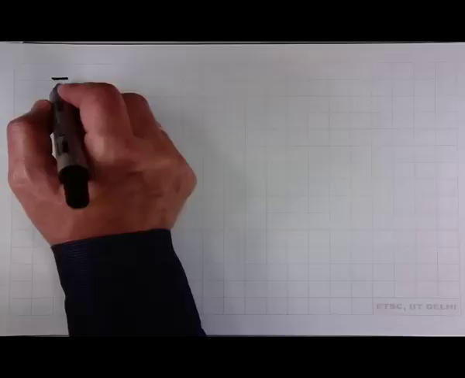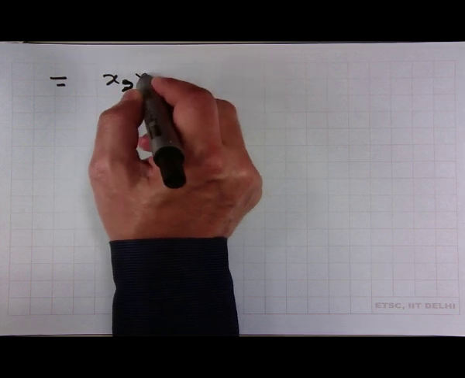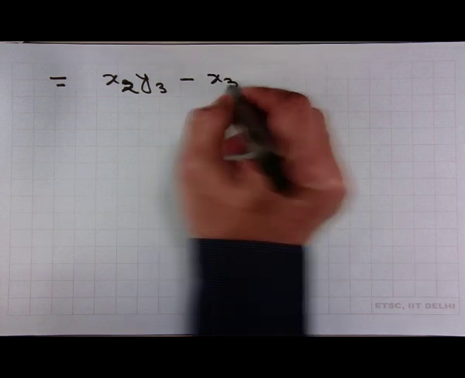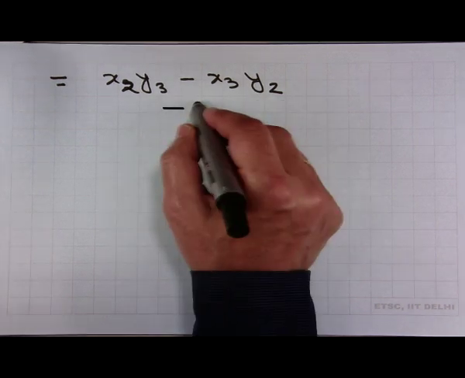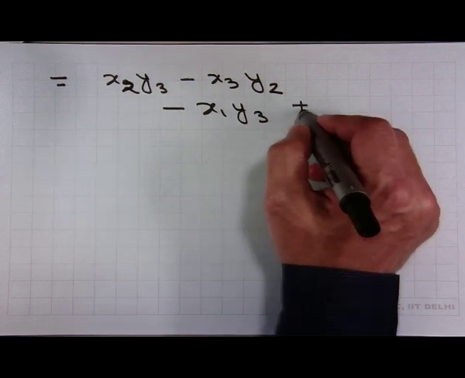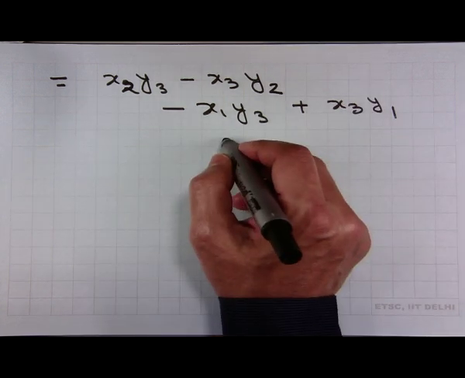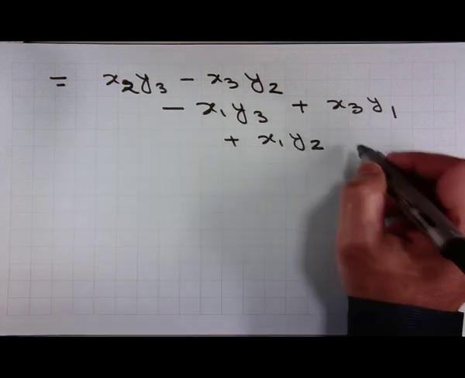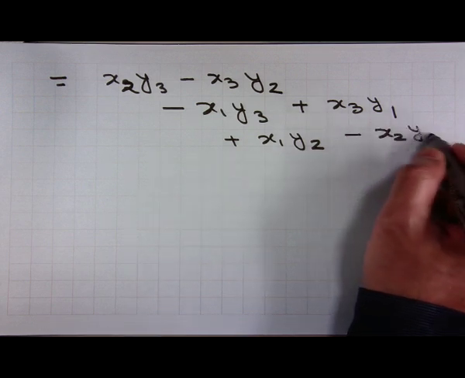This is equal to x2 y3 minus x3 y2 minus x1 y3 plus x3 y1 plus x1 y2 minus x2 y1.